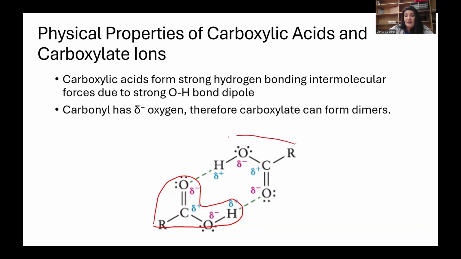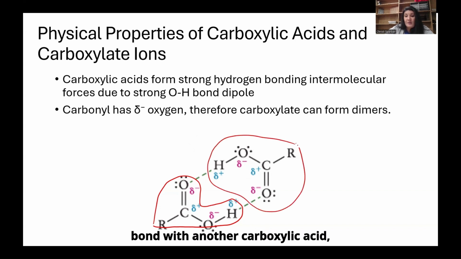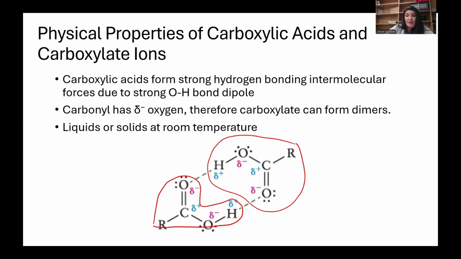This can bond with another carboxylic acid, forming a dimer. This dimer is bonded through the hydrogen of the hydroxyl group to the double bonded oxygen on both sides. And carboxylic acids can be either liquids or solids at room temperature.